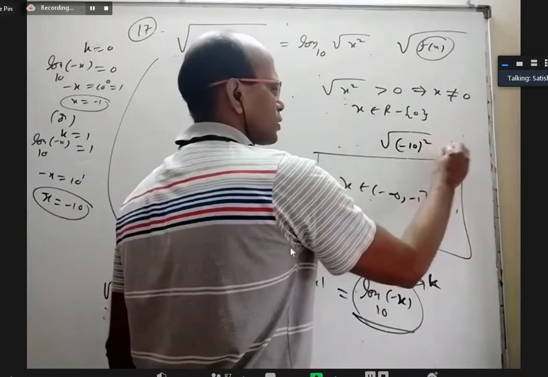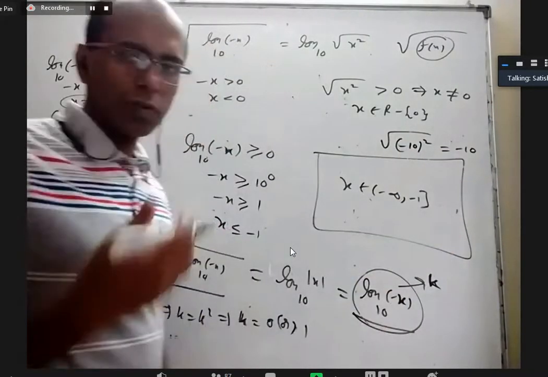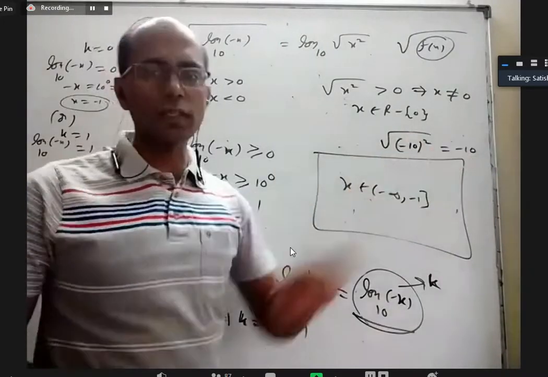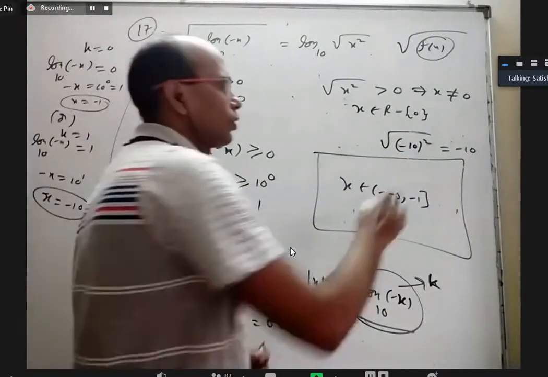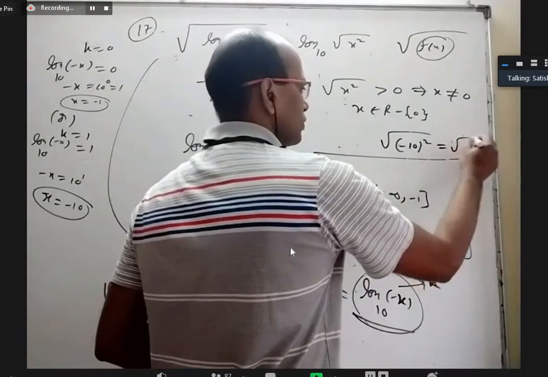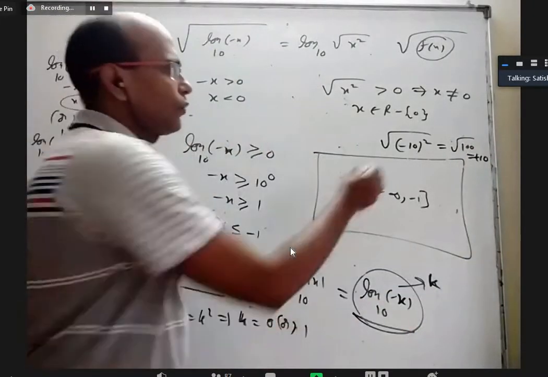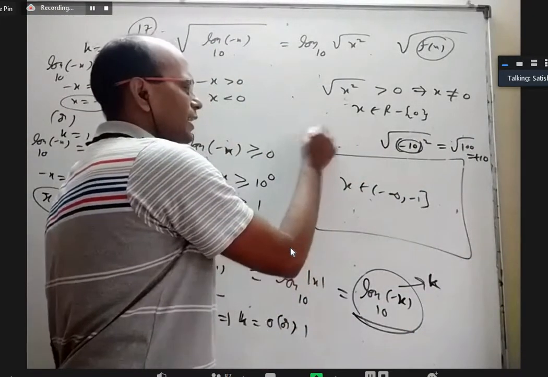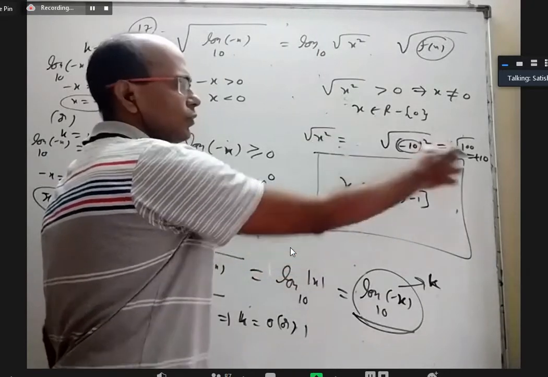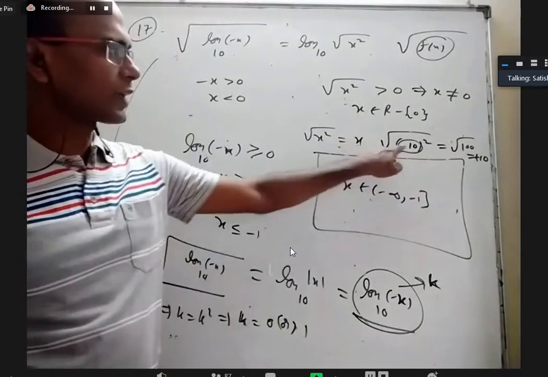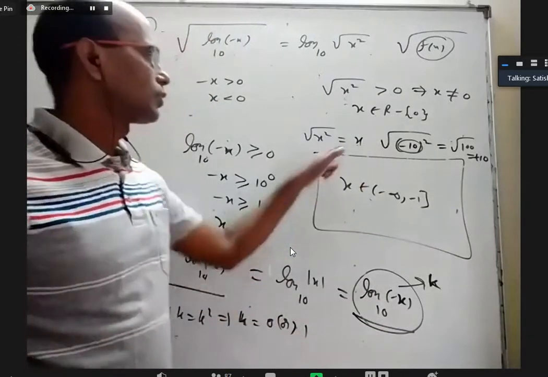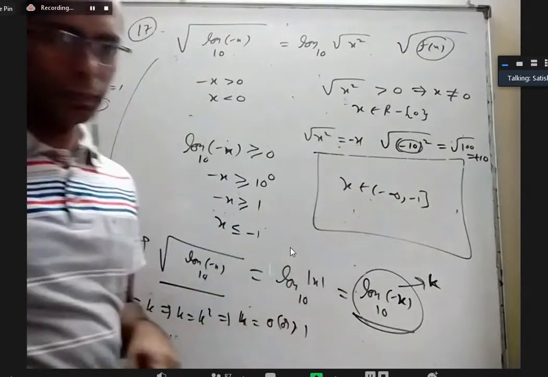Now we cannot say root of minus 10 whole square, I cancel root and square and write minus 10, because we already decided root of something can't be negative. Root of minus 10 whole square is root 100, and root 100 is plus 10 only. So if you call minus 10 as x, root x square, we did not get x, because our x is minus 10 but the answer is plus 10. So root x square came as minus x.